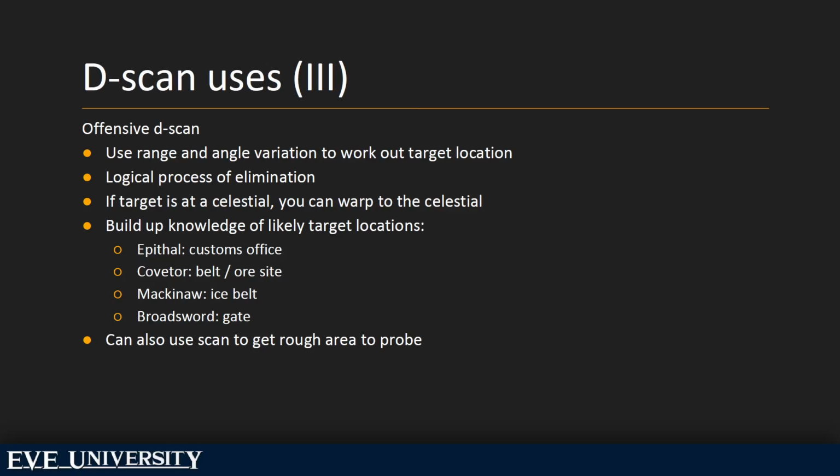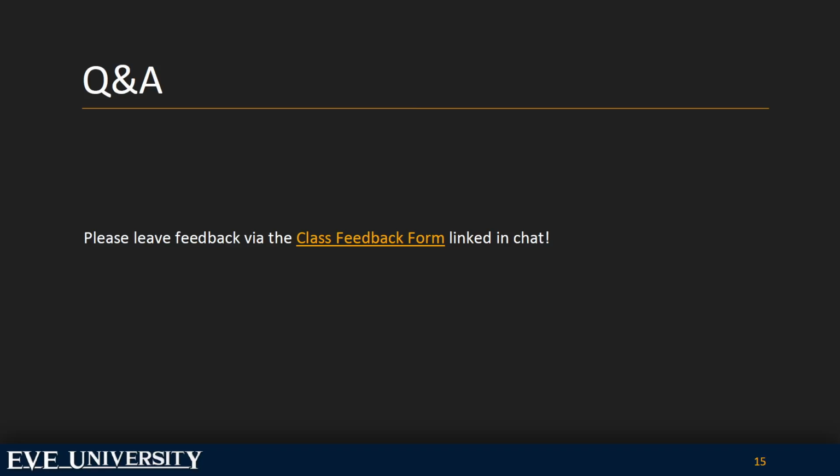So you will generally, with experience, be able to fairly quickly understand the specific objects that you need to check to see if these specific ships are present there or not. This is it for the lecture part.